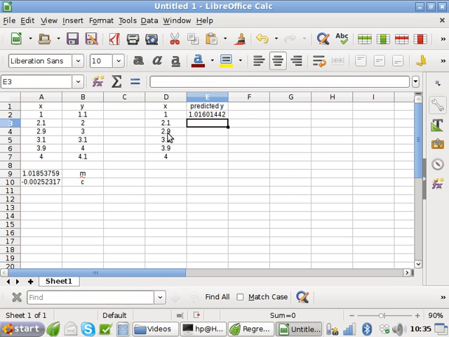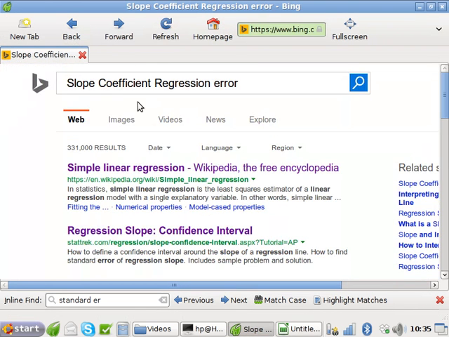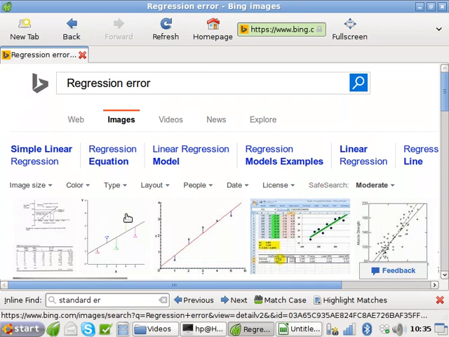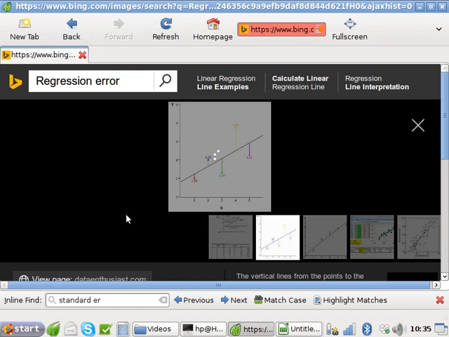Now you see how this value, the predicted y, is slightly different to this value. And if I have a picture here, well I've deleted my graph, but I can get a nice image here to show you. The reason for the difference is the points aren't perfectly on the line.